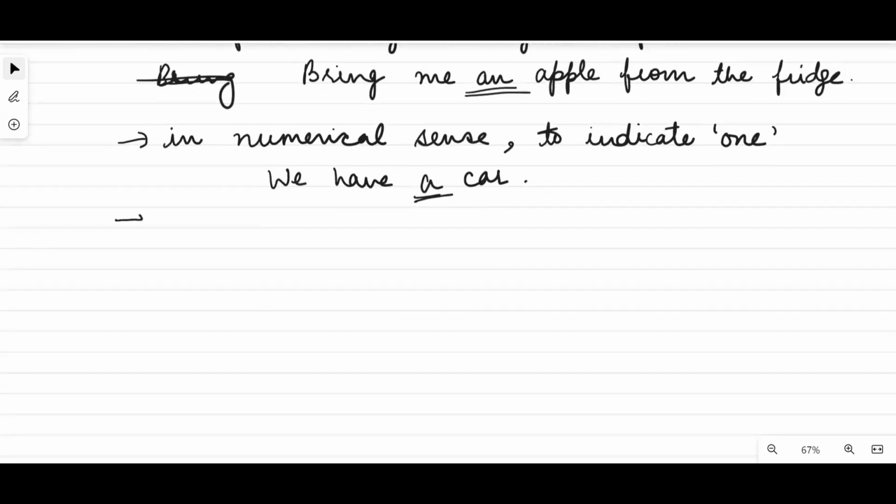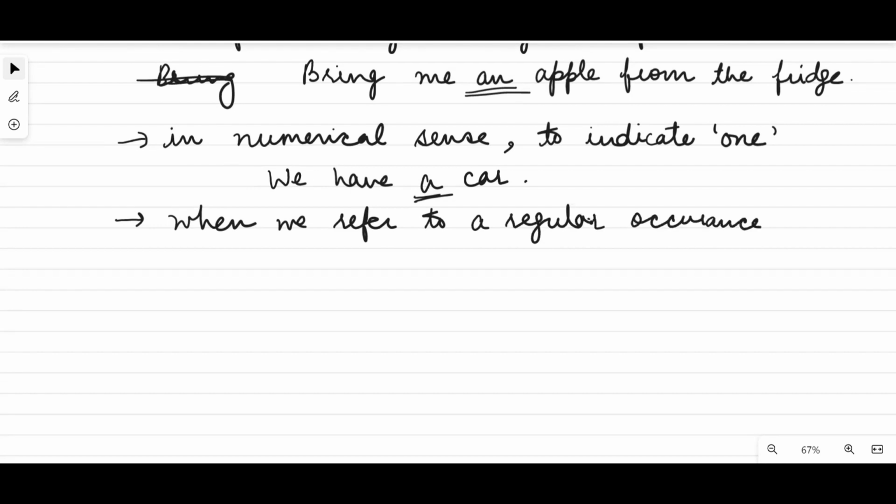Understood? Next is when we refer to a regular occurrence of something, in that condition also we use articles a or an.